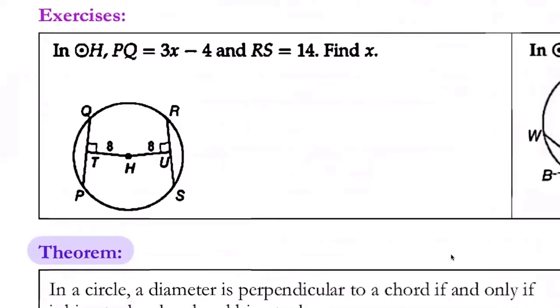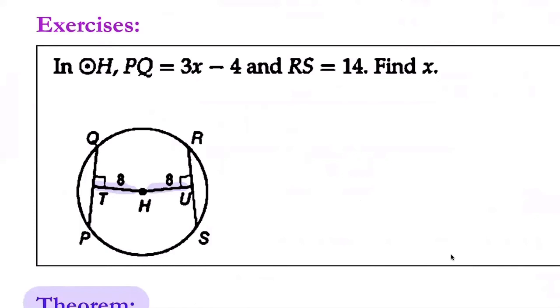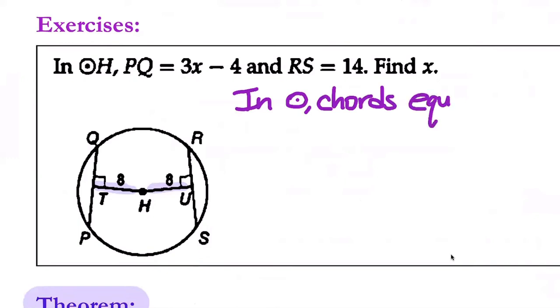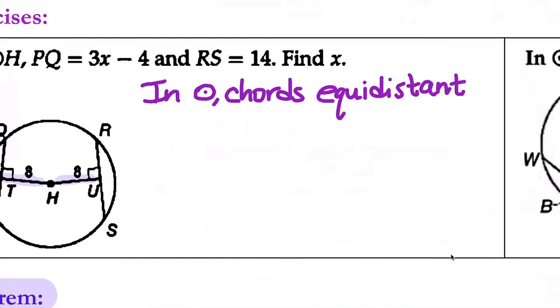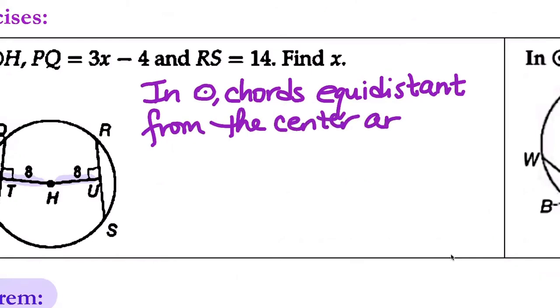Okay, so here we have a circle. In circle H, PQ is 3x minus 4 and RS is 14. Because these segments are the same length, in a circle, chords equidistant from the center are congruent.